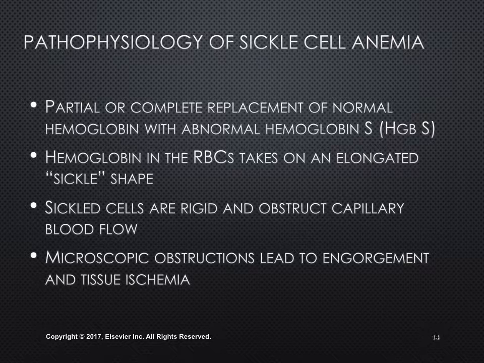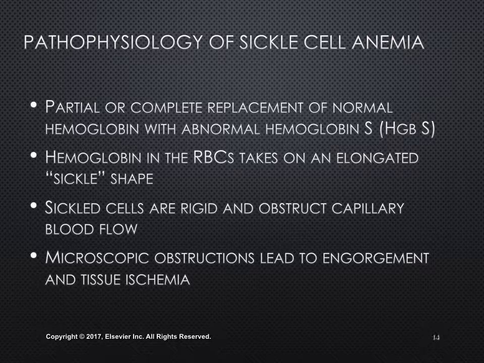The sickle cells themselves are more rigid and they obstruct the capillary blood flow. Especially now, 1 or 2 of them sitting there in a bunch because they have it all the time, but during a sickle cell crisis, those sickled cells increase.